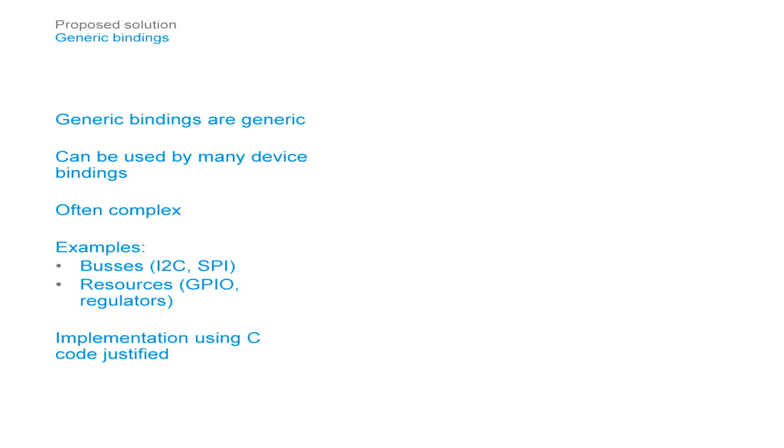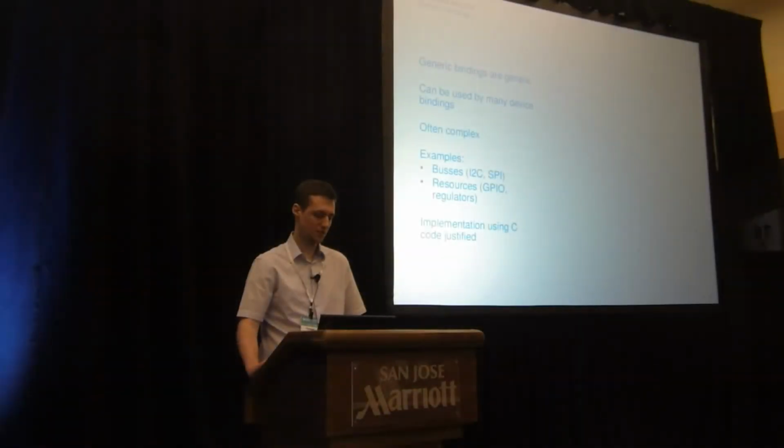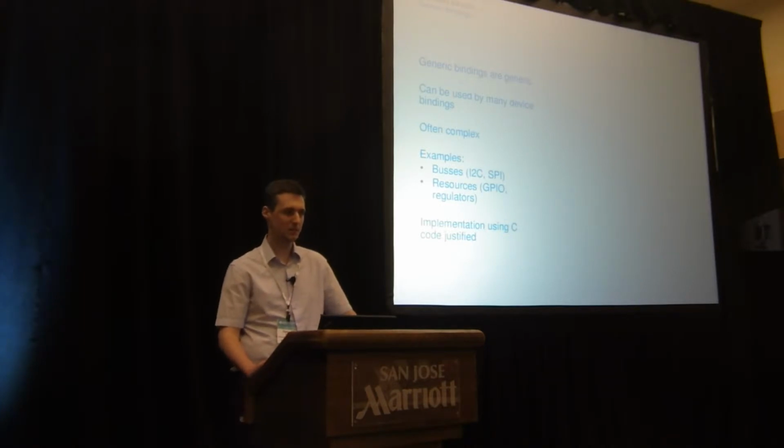They need to be quite flexible to cover all the devices using the same kind of resources or represent relations completely. So they end up often being quite complex, especially to describe using a schema language. And so for them, we can use C code directly, just as in the proposal of Stephen Warren.